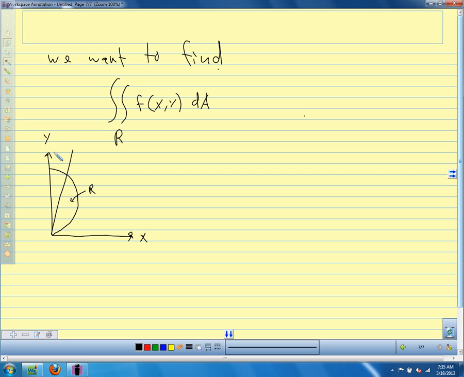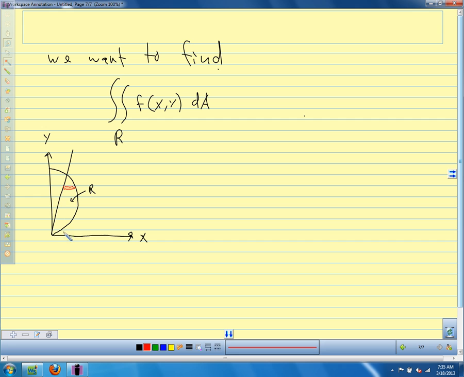Horizontal rectangles could work because our rectangles would go from whatever this line is over to whatever that function is. Could we do it another way? Polar?